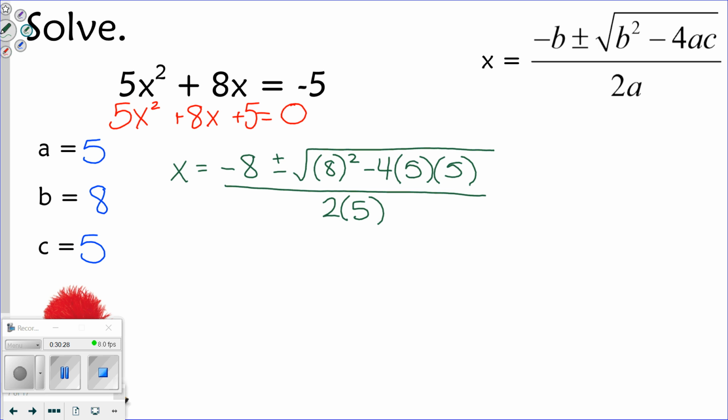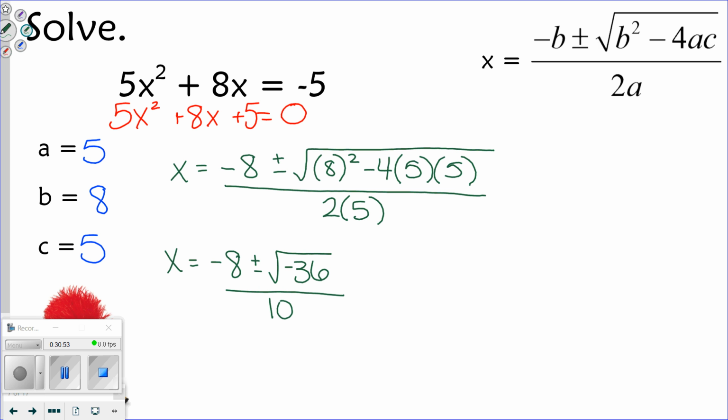All right, so we plugged them all in. Let's clean up under the radical. What is 8 squared minus 4 times 5 times 5? Negative 36. Okay. So negative 8 plus or minus the square root of negative 36 all over 10.